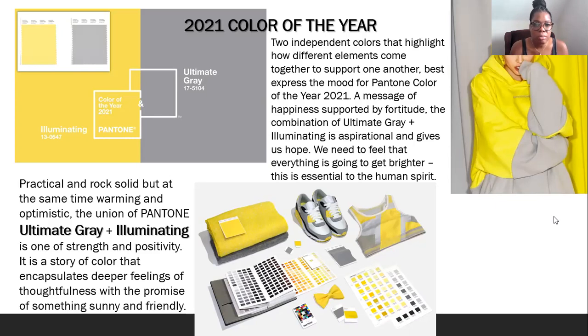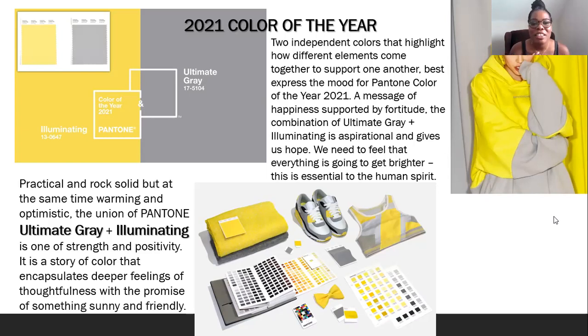And that's what that ultimate gray really speaks to, those feelings of what we felt, what we saw. Okay. And then the illuminating, this yellow shade, is the optimism of that, a better, brighter day. Things can't help but get better.